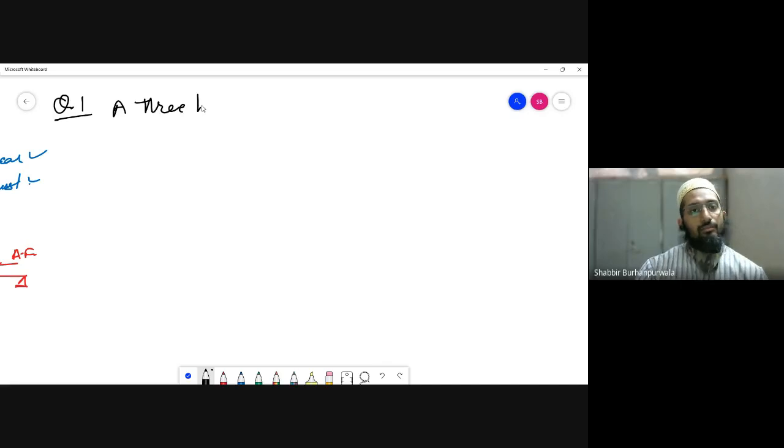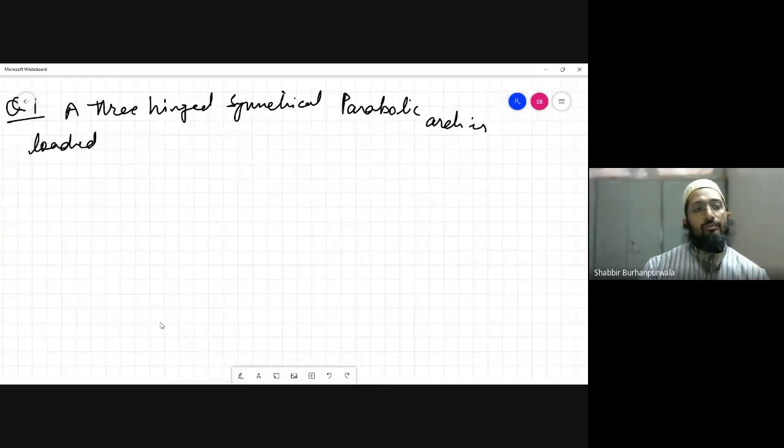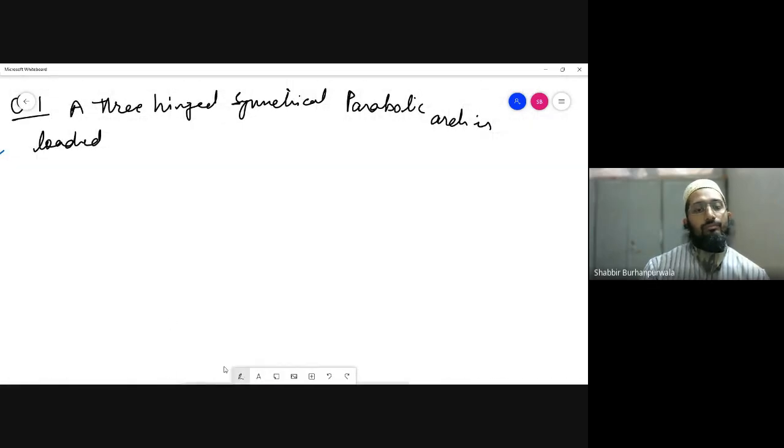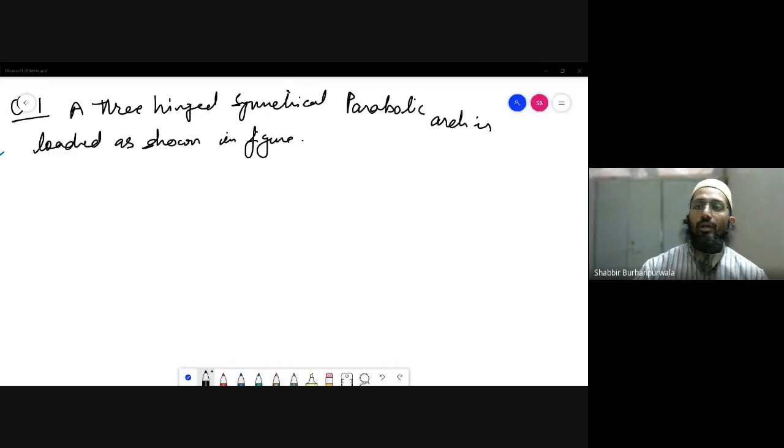A three-hinged symmetrical parabolic arch is loaded as shown in figure.